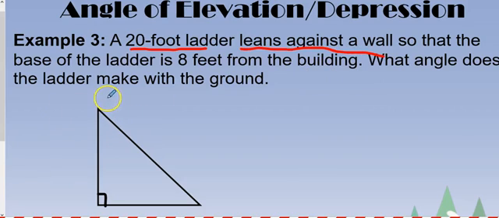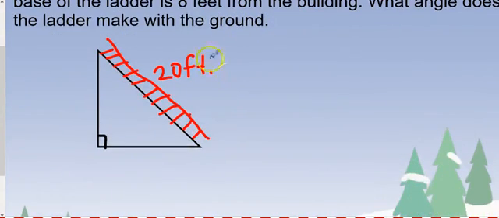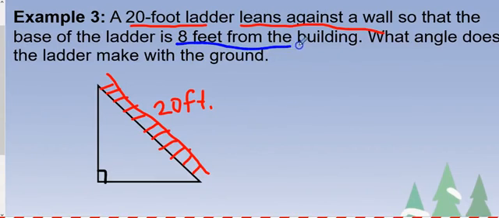Okay, so my ladder, it's not a very straight ladder apparently, is leaning against the wall. And then just 20 feet. So that the base of the ladder is 8 feet from the building. Okay, so that's another fact, 8 feet from the building. So base of the ladder, the building is over here, so this is 8 feet.